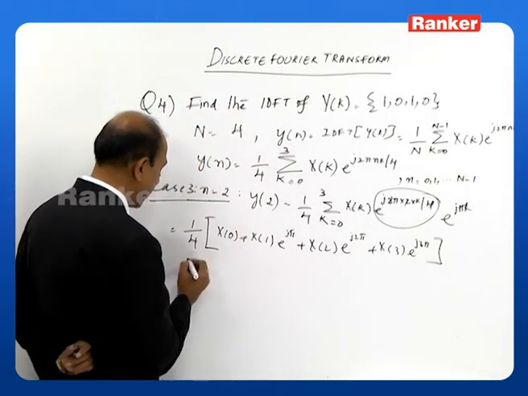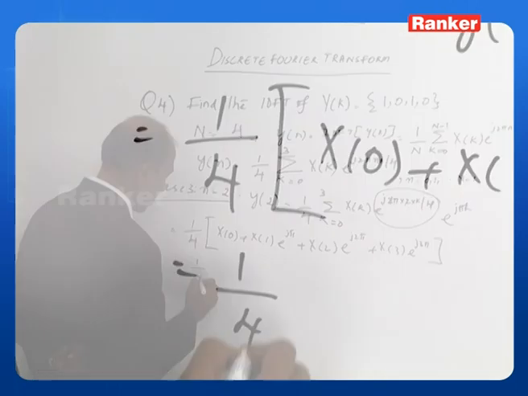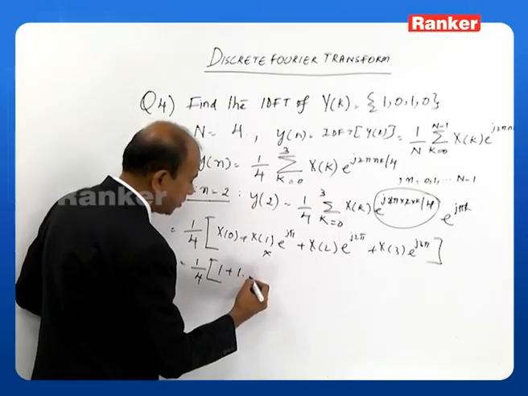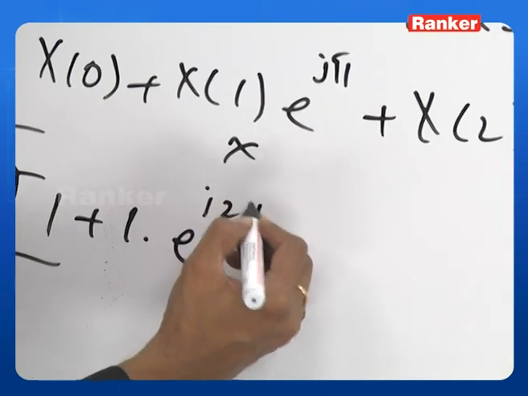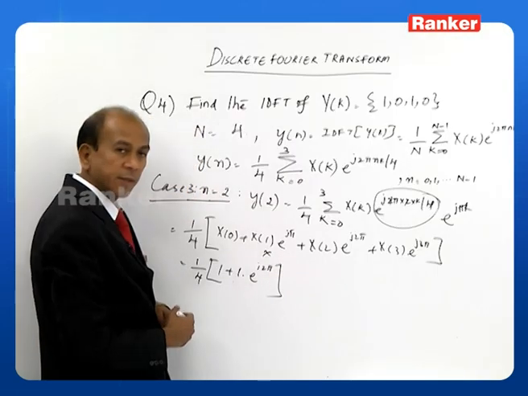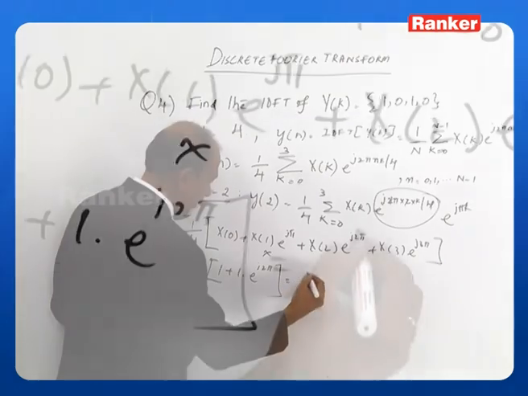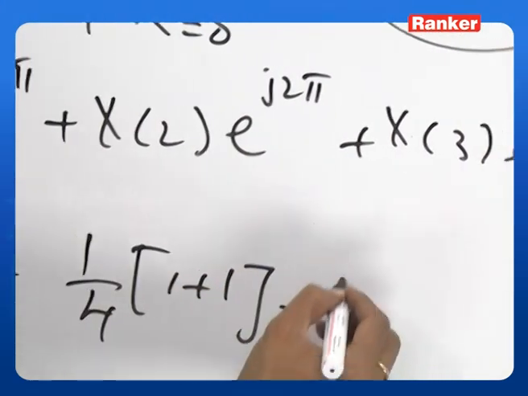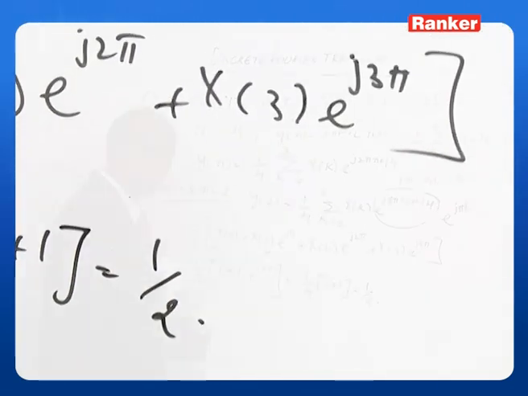Okay, let's just simplify this. So this will be 1 by 4. This is 1. Okay, 1 into e to the power of j 2 pi. Okay, now this will be equal to 1 by 4 into 1 plus 1. So this is equal to 1 by 2.